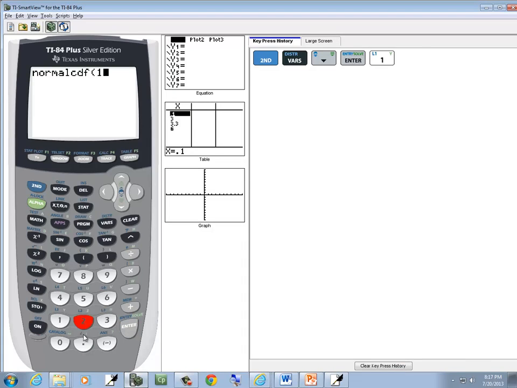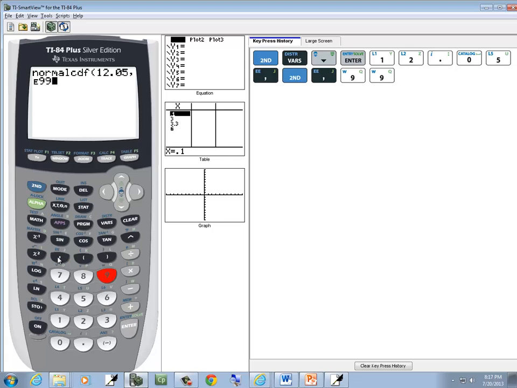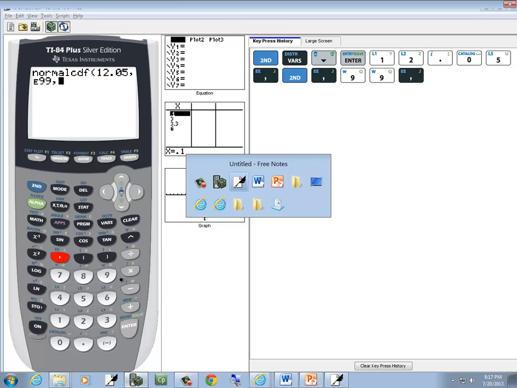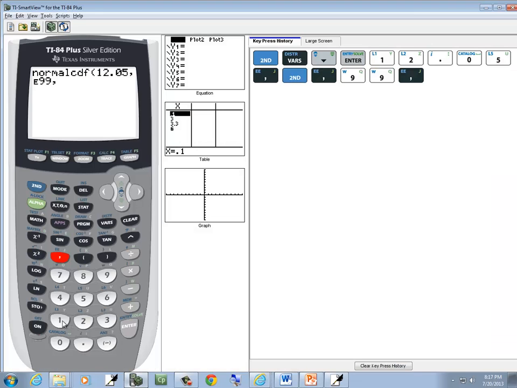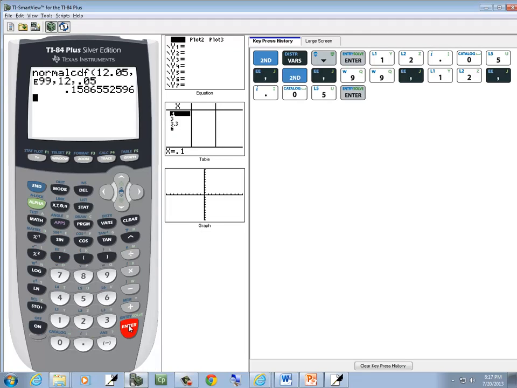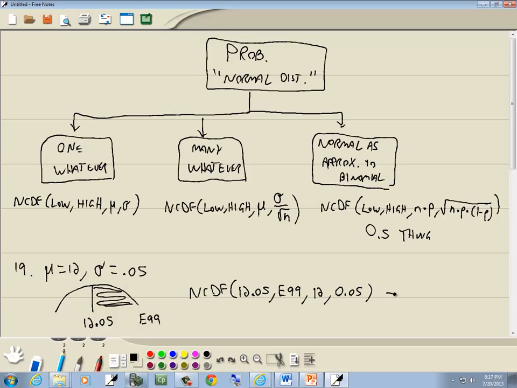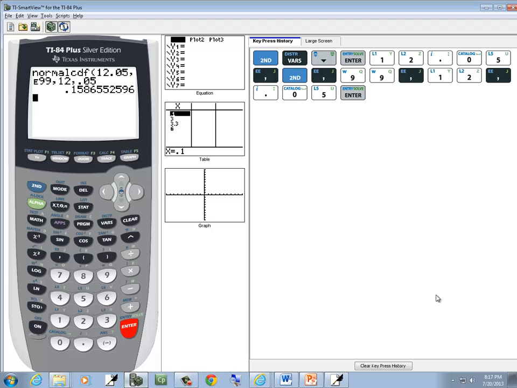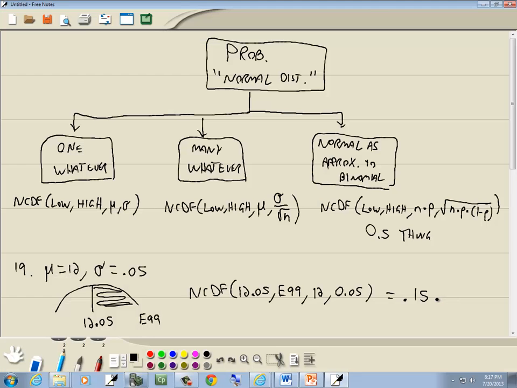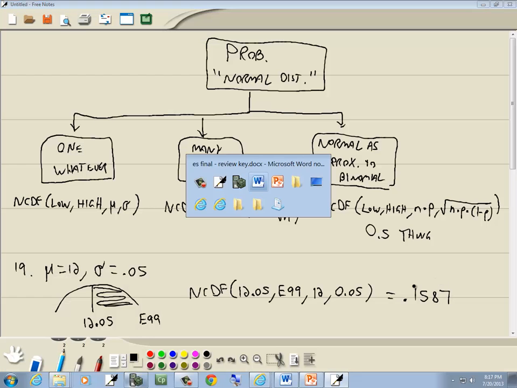I made these numbers up, so some may come up with bizarre probabilities. Comma, then second, comma, 99, that gives us our E99, comma, 12, comma, 0.05, enter. So that gives us 0.1587.